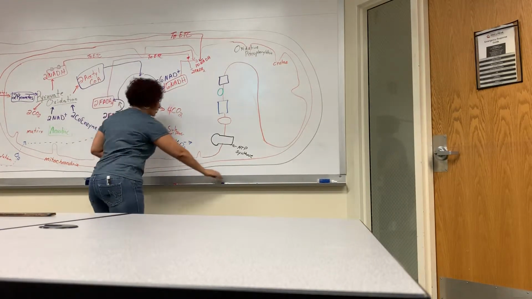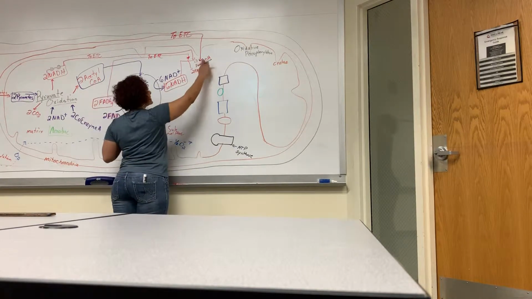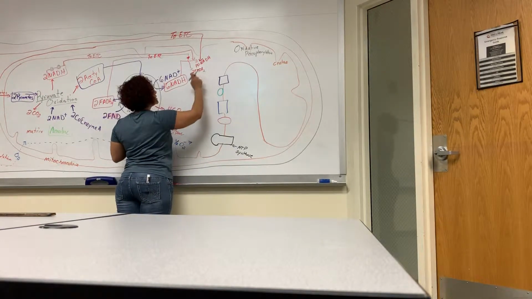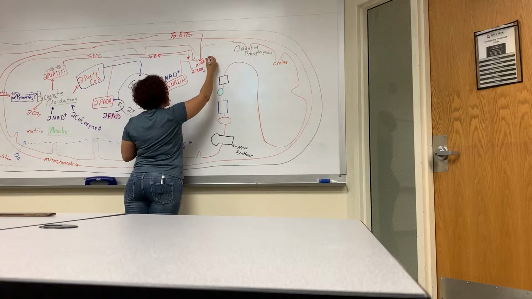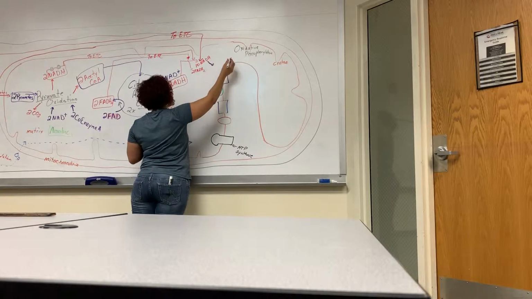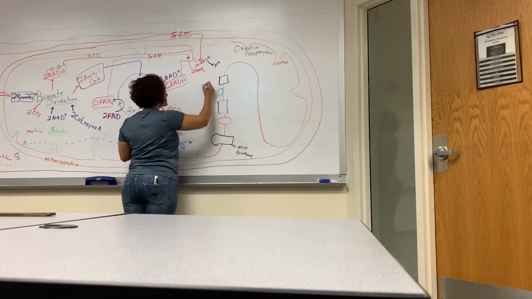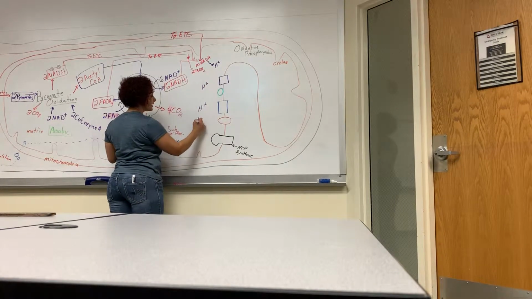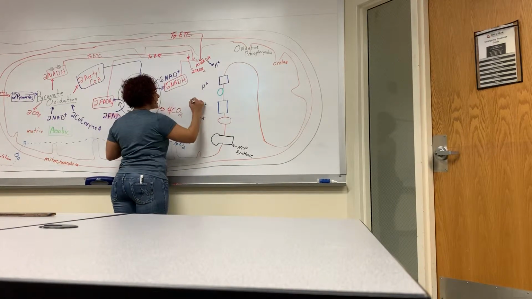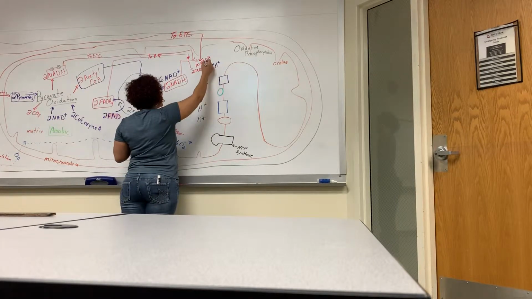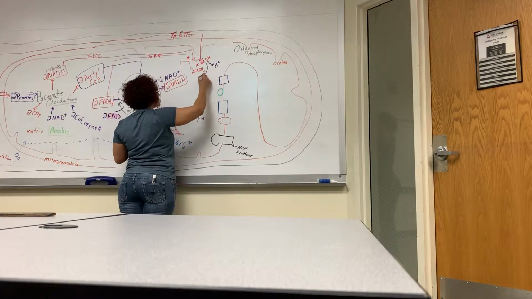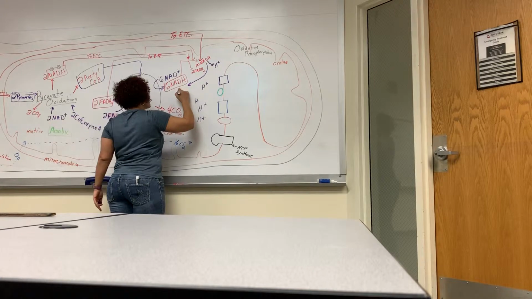Well, these electrons are going to come from these molecules, NADH and FADH2. So your NADH is going to release hydrogens, boom, boom, hydrogens. I'm just going to throw some hydrogens out here because we have a lot of hydrogens being released from your 10 NADH molecules. Your NAD plus is going to go get recycled back over there.